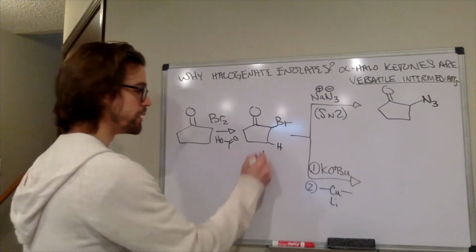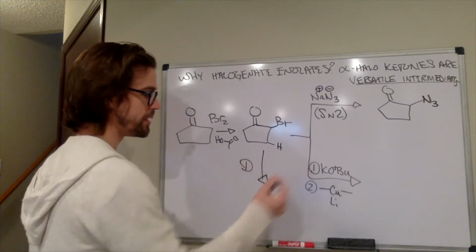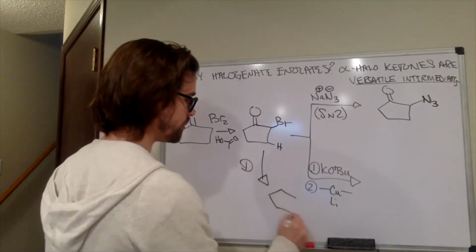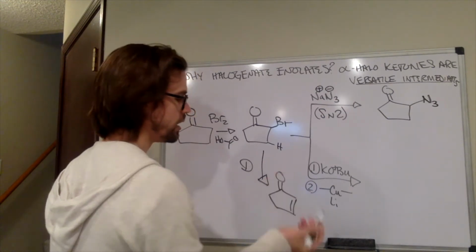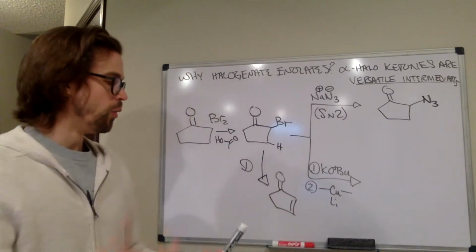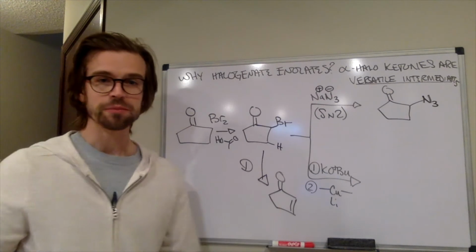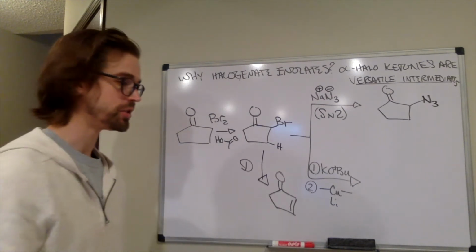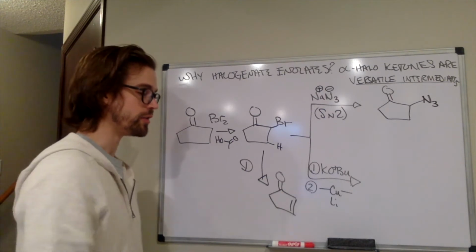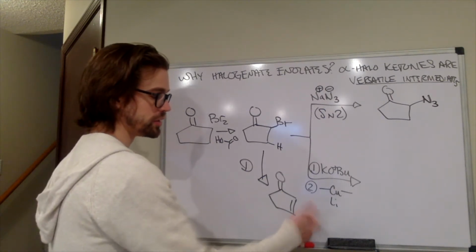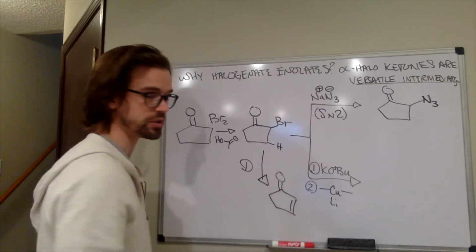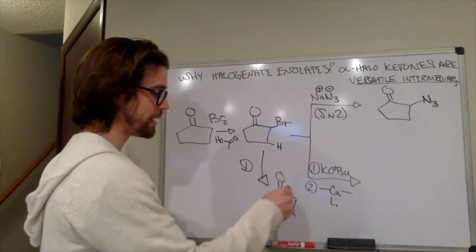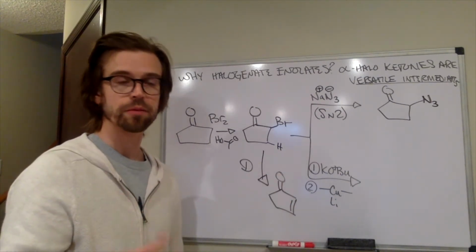And after we treat it with that potassium tert-butoxide, we will have an intermediate that looks like this. Why is that useful? Well, we could do addition chemistry to that if we wanted to. We can also do addition of different nucleophiles to this position here, the beta position, with respect to the carbonyl.